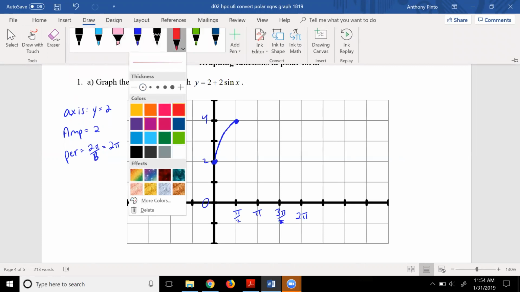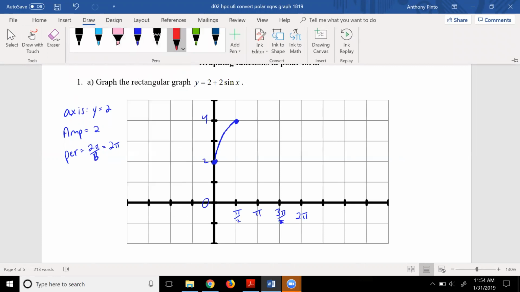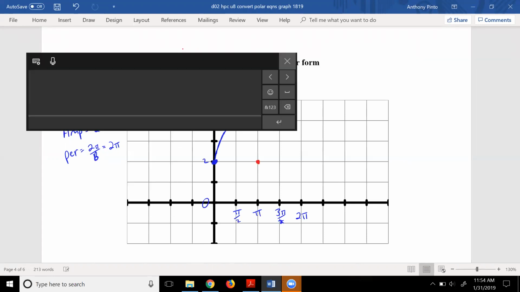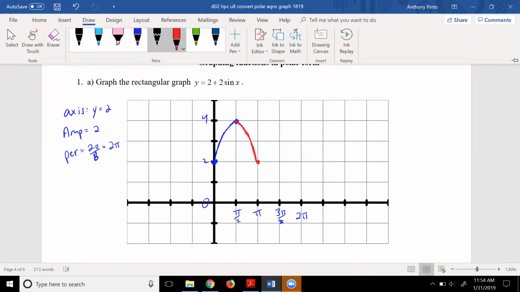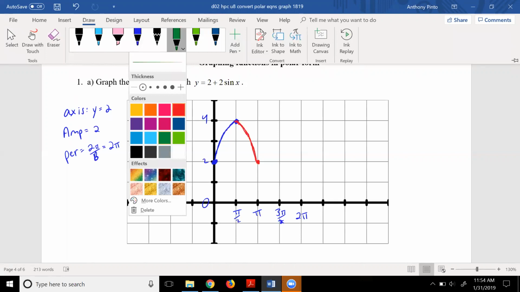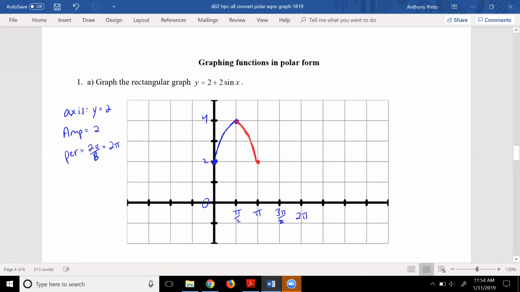All right, and then I'm going to do this next part of the graph in a different color. You'll understand why later. But when x is equal to pi, we're going to come back down, like this. When x is equal to 3 pi over 2, we're going to look like that.